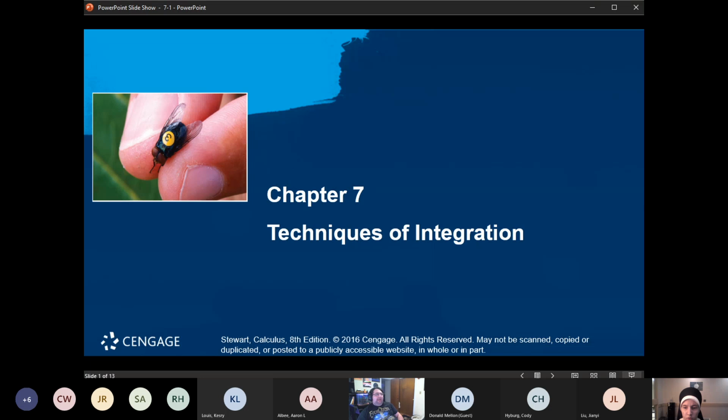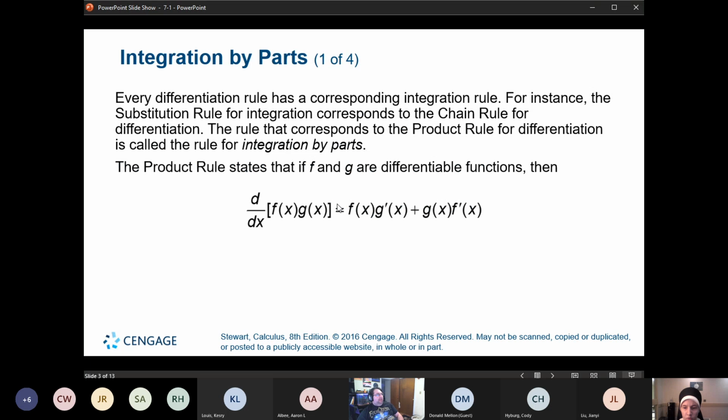The one we're going to look at tonight is integration by parts. The corresponding rule is the product rule for differentiation.